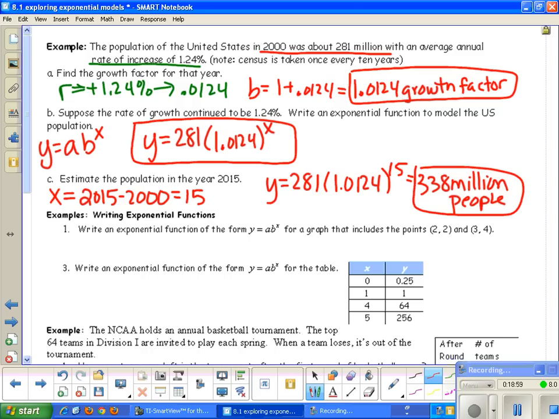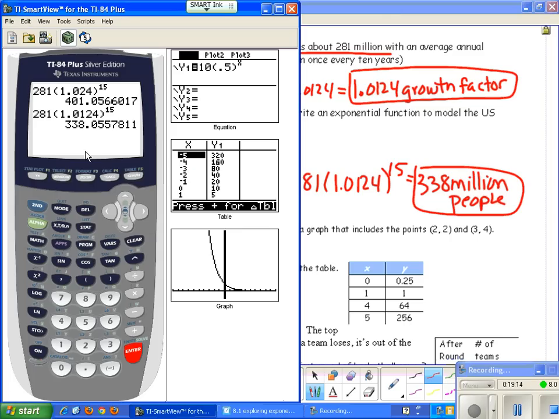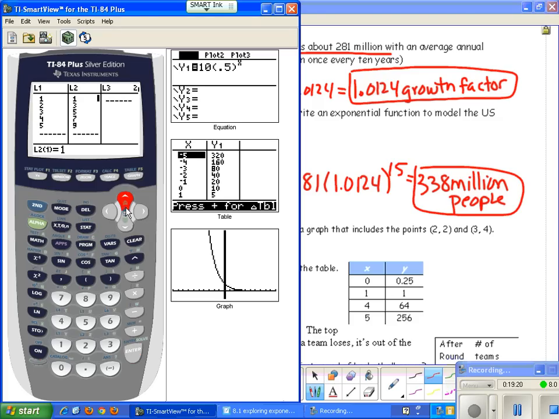It says we want to write an exponential function in the form y equals ab to the x for the graph that includes the points (2, 2) and (3, 4). For this, the easiest way to write an exponential function would be to use our graphing calculator. If you remember, in our graphing calculator, you go to stat, hit enter and edit, and we have these lists that we can enter.